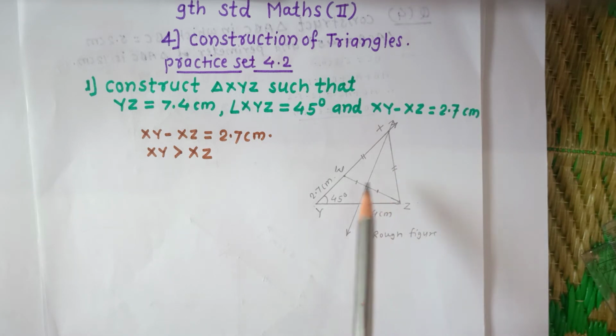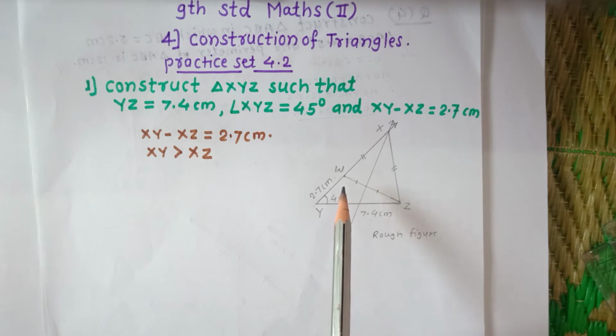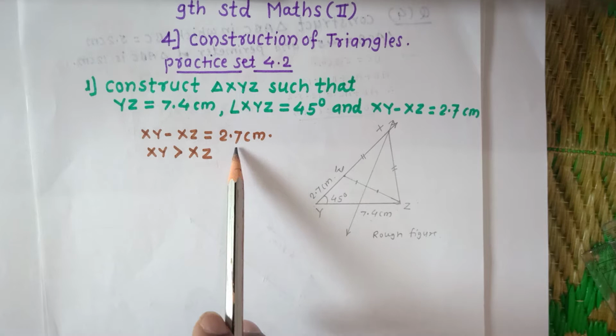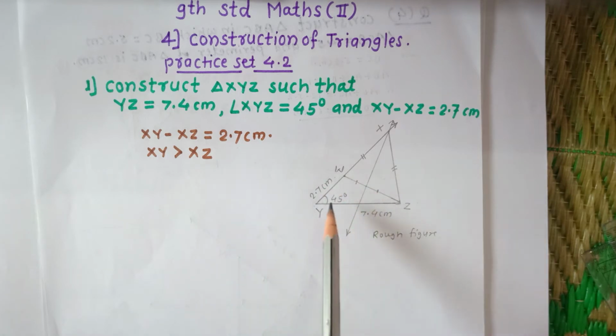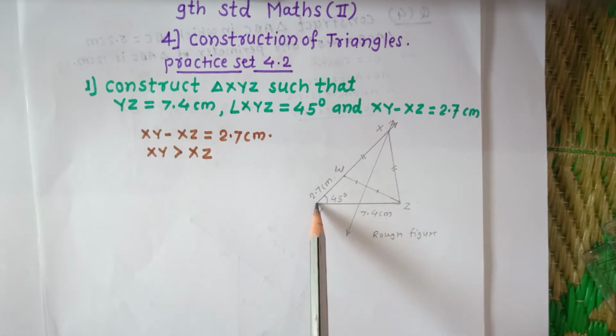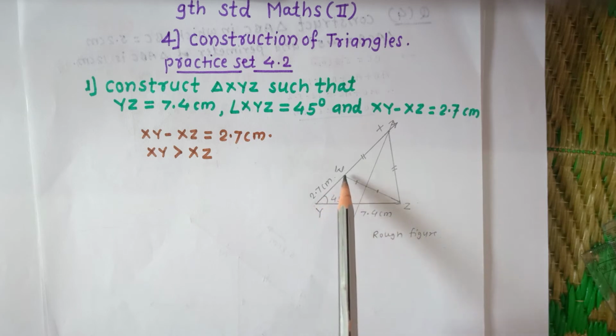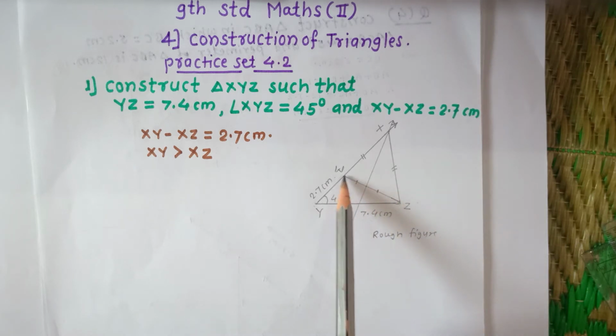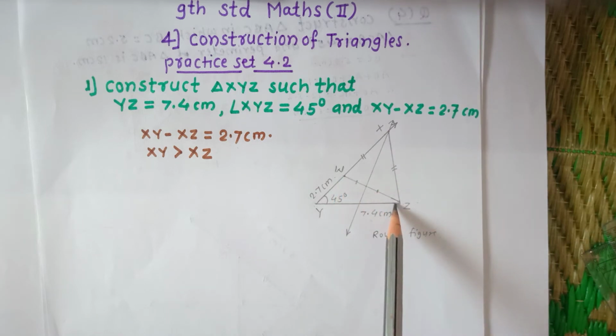So we take 2.7 centimeter, that is the difference between the remaining two sides, in a compass and take a distance from Y on this line, 2.7 centimeter. Then join this point W and point Z, and then we draw the perpendicular bisector of WZ.